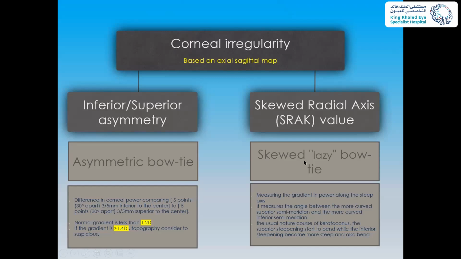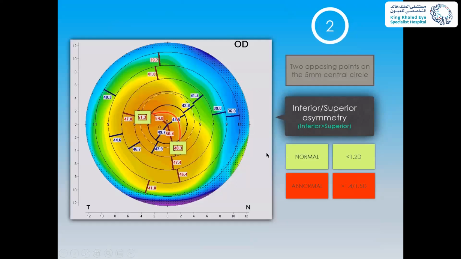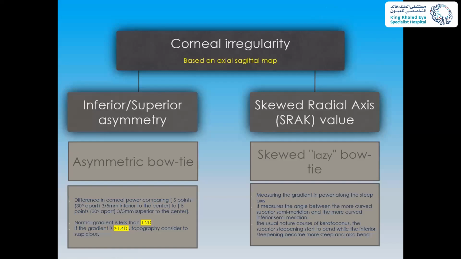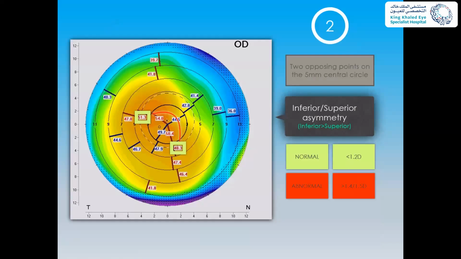And the other thing is the skewed radial axis, that is the angle which is being made at the two corresponding steep points, and I'll come to that. So inferior superior asymmetry, normal less than 1.2, suspicious between 1.2 to 1.5, anything more than 1.5 is abnormal between the two opposing points at 5 millimeter circle.